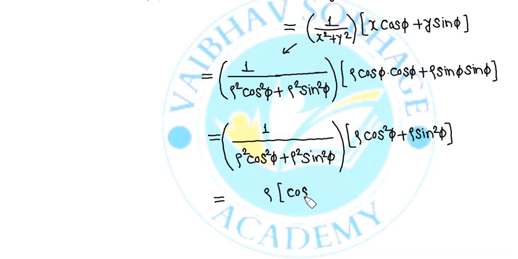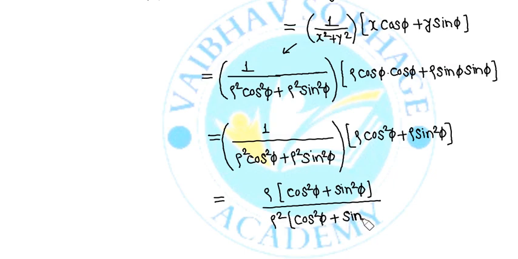Cos square phi plus sin square phi. And what is left within the denominator? For the denominator you can take rho square common. What is left will be cos square phi plus sin square phi.